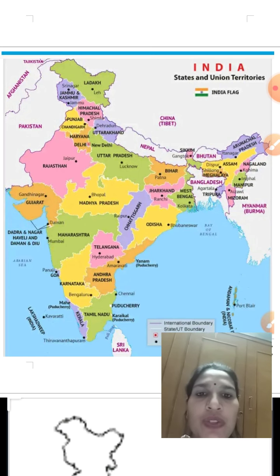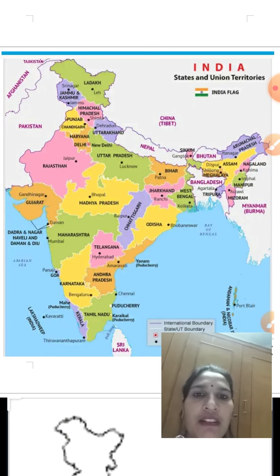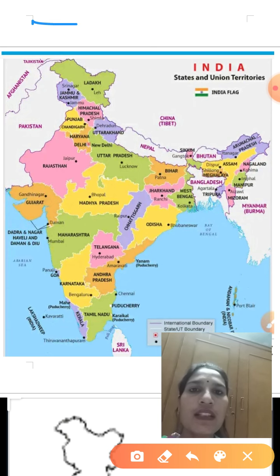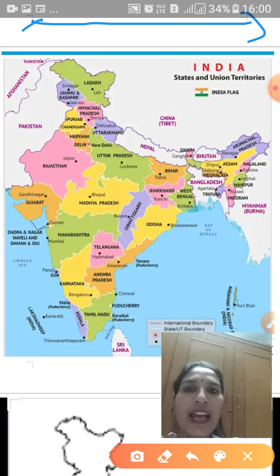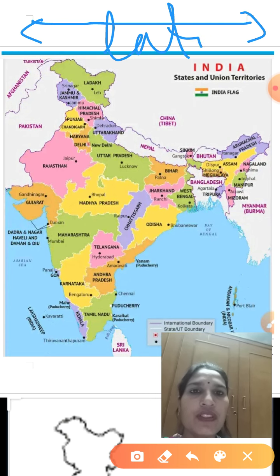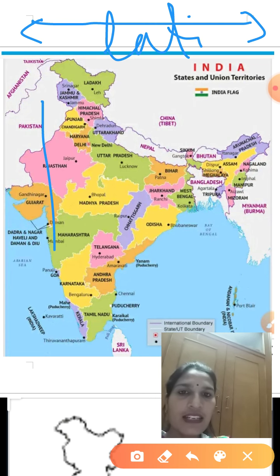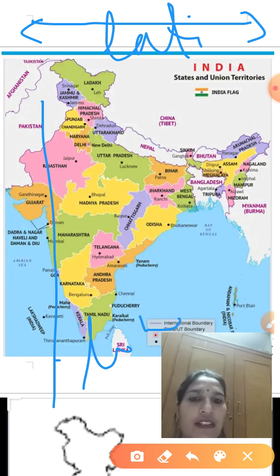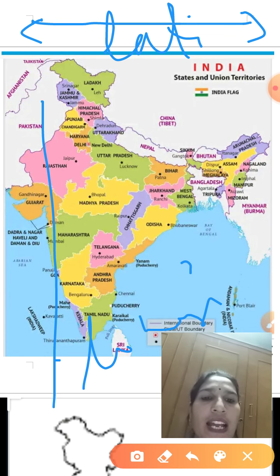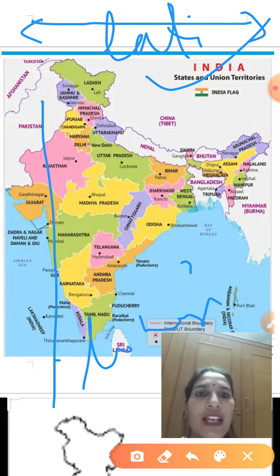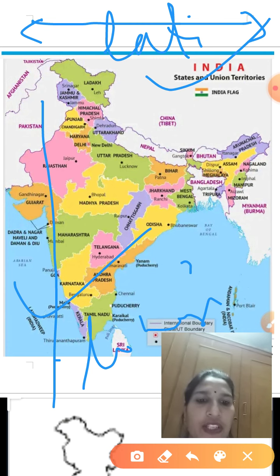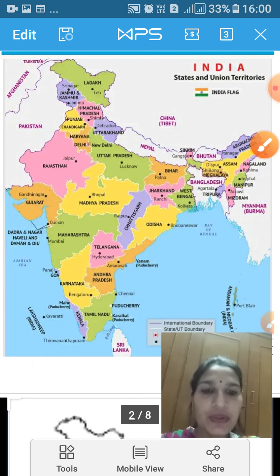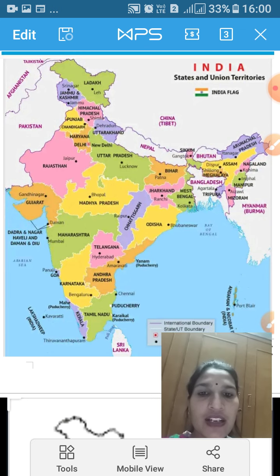You are all familiar with latitudes: the horizontal lines I am drawing here are called latitudes, and the vertical lines are called longitudes. There are two terms in this.